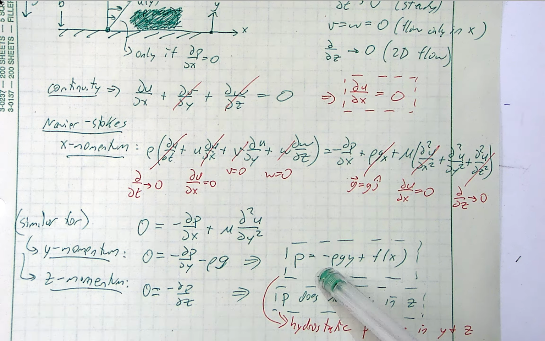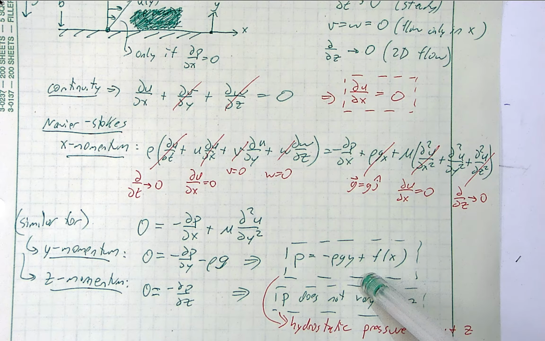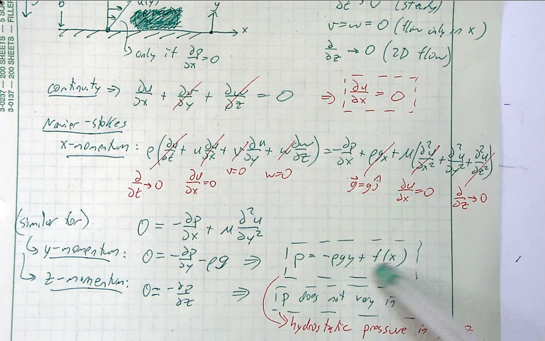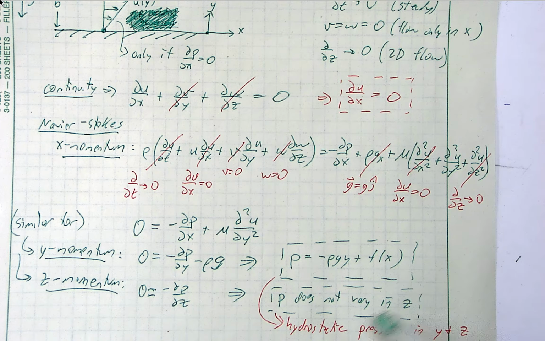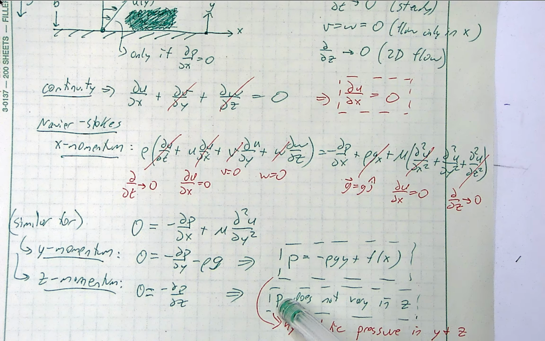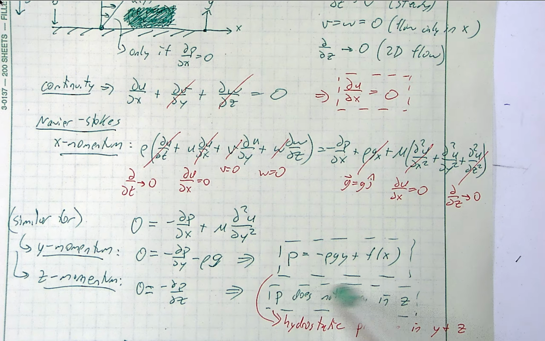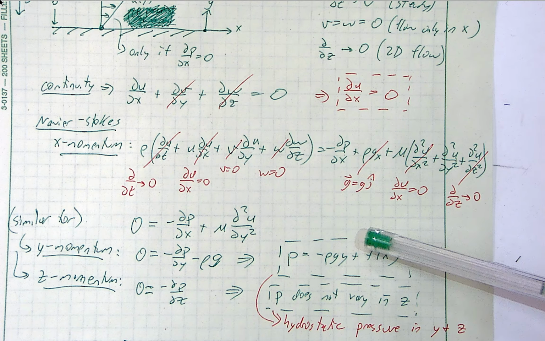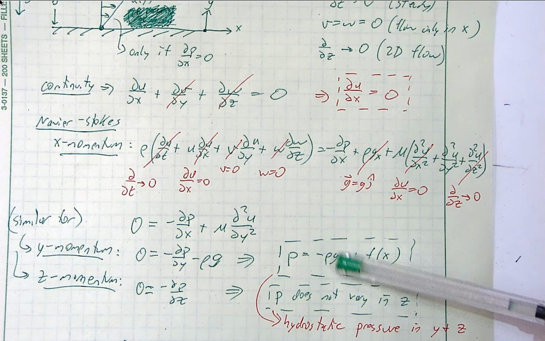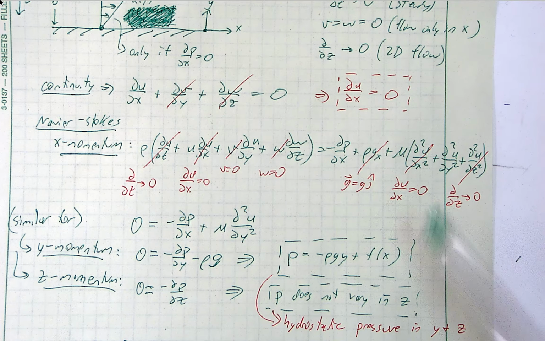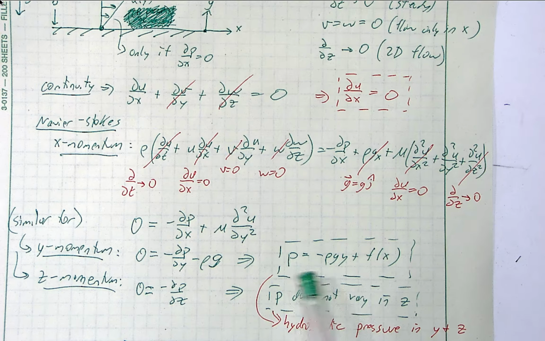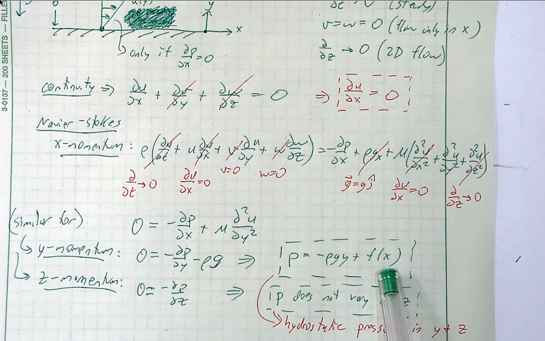If we go back to our y momentum and integrate this once, we're left with that the pressure is minus rho g y plus some function of x. And the reason this isn't a function of x and z is because we just found down here that pressure is not a function of z. Okay, so pressure is a function of x, and then added on the function of y is a hydrostatic term, right? So this is the hydrostatic pressure that we've talked about in the past, plus perhaps a function of x.